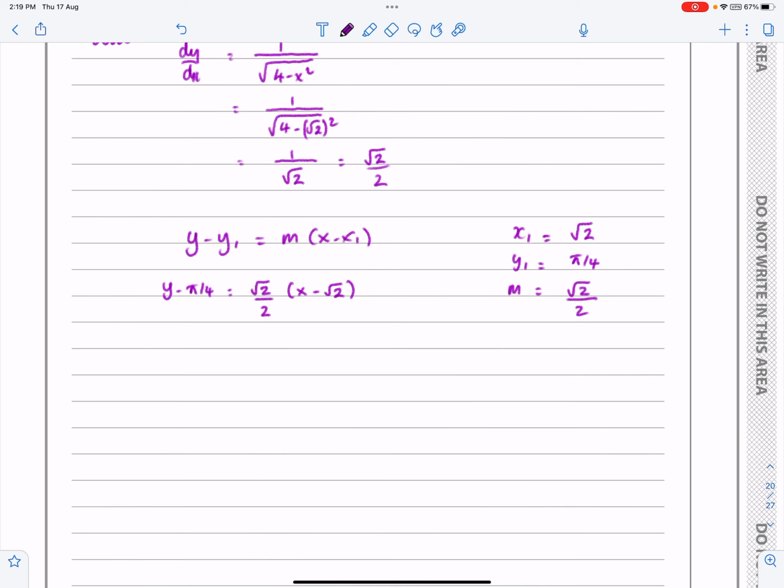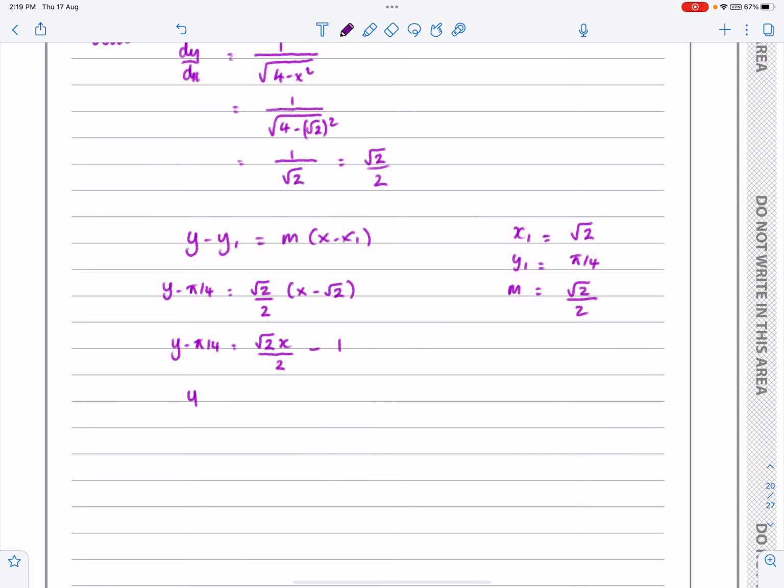Right, so if we're doing that, let's get rid of this 2 on the bottom. Well, no, if I want this in the form y equals mx plus c, so I've just remembered what I was going to do. Otherwise, I'd multiply that out and tidy it all up. But because they want it in the format y equals mx plus c, probably makes sense just to say, y minus pi over 4 is going to be root 2 x over 2 minus, and root 2 over 2 times root 2 gives me 2 over 2, that gives me 1 there.